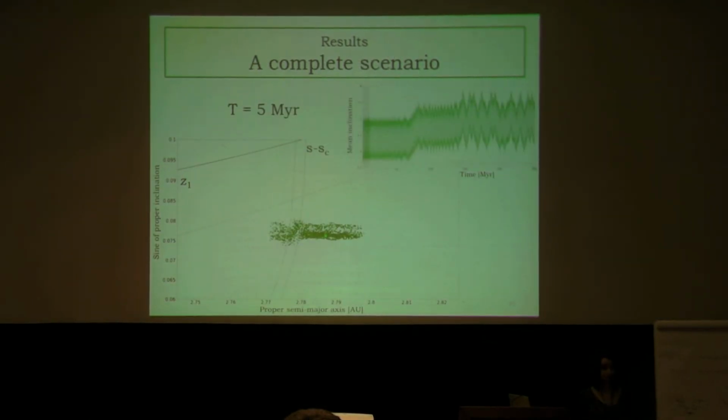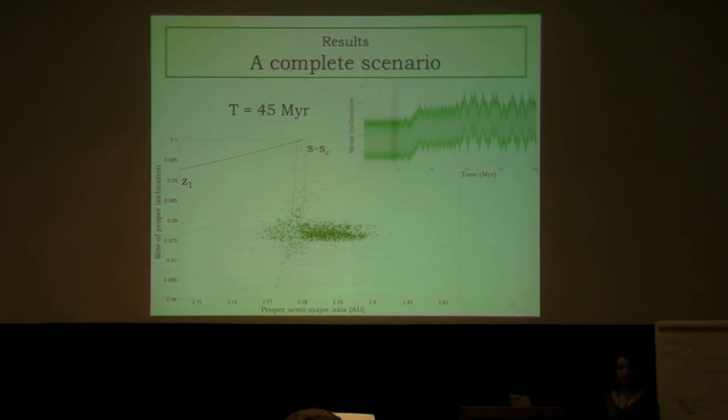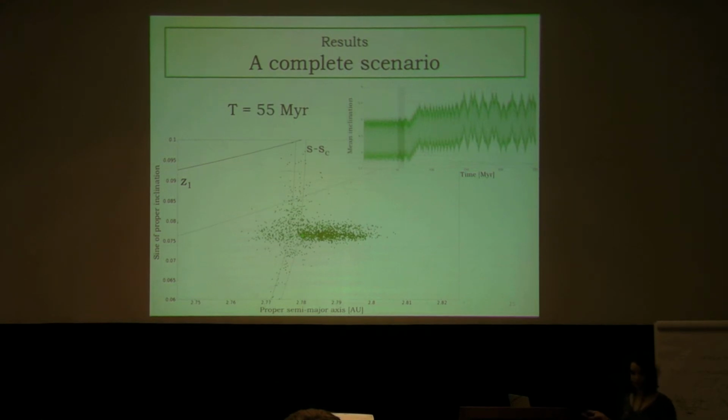To end this presentation, I would like to show you this reconstruction of the evolution of one of our test particles. It is represented by this small square here. First, the particle is pushed toward the sun by the Yarkovsky effect. Okay, nothing new.